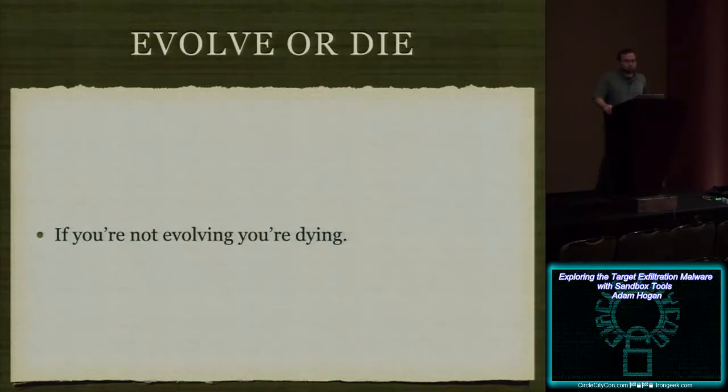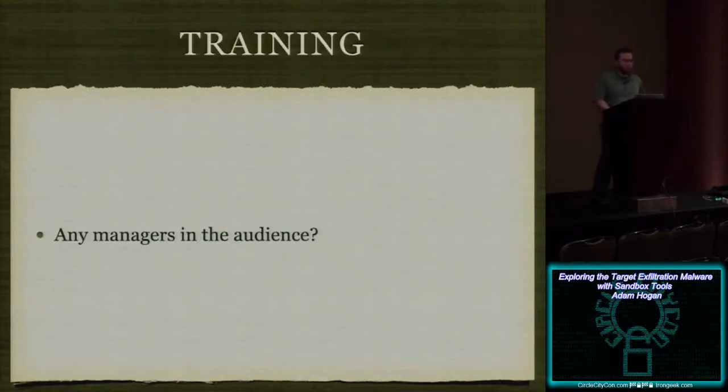Because the malware is always trying to attack you, to stay in your same relative position, right? If I'm relatively safe today, and I want to be relatively safe tomorrow, I need to keep up, right? If you're standing still, you're getting worse because the attacker is moving forward. So if you're not evolving, you're dying, or in this case, if you're not learning, you're dying, right?